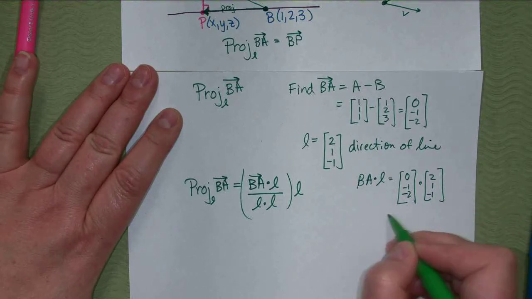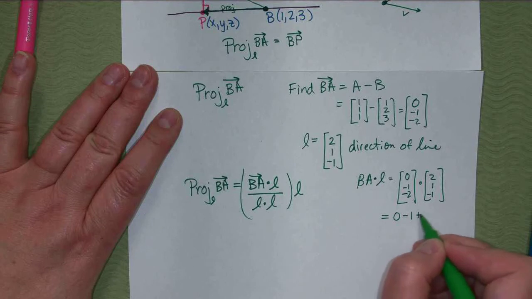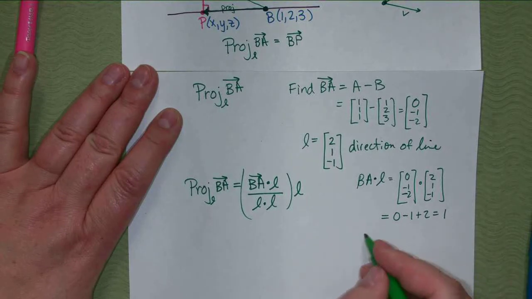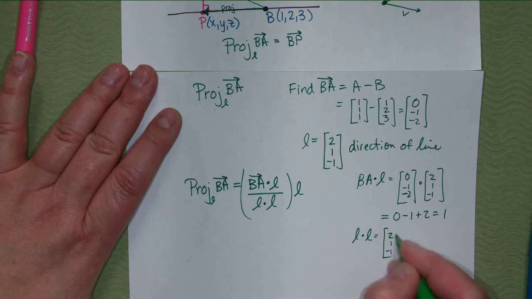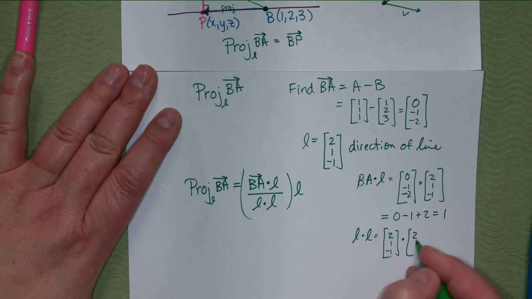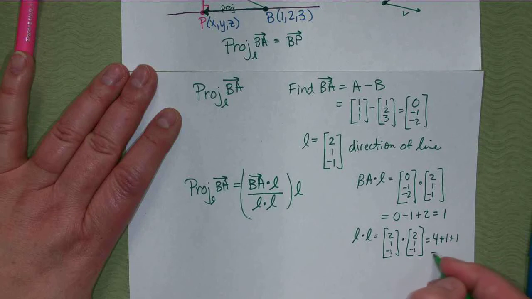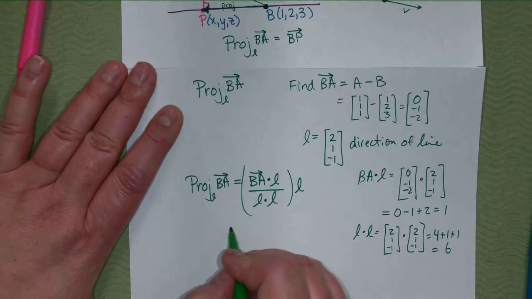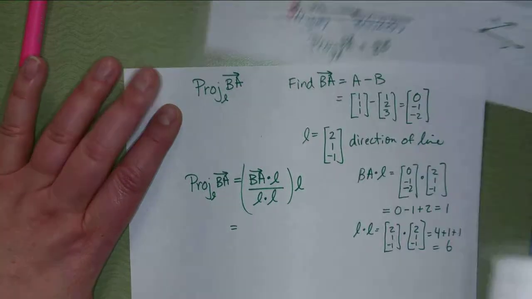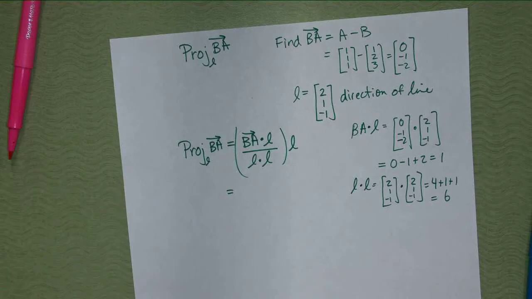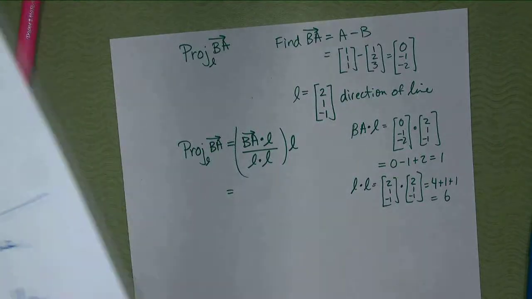So BA dot L. So 0 minus 1 plus 2. L dot L. And I'm just doing the dot products quick, because that's not anything new.